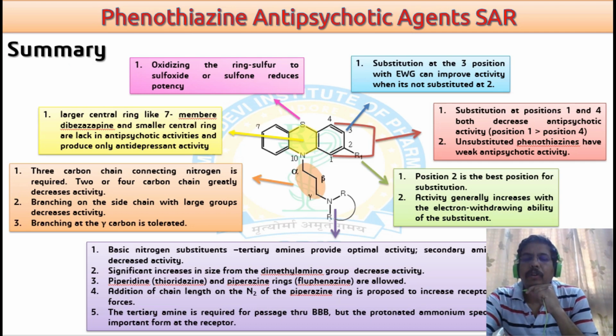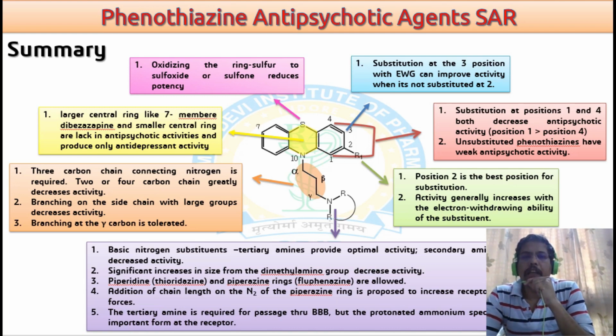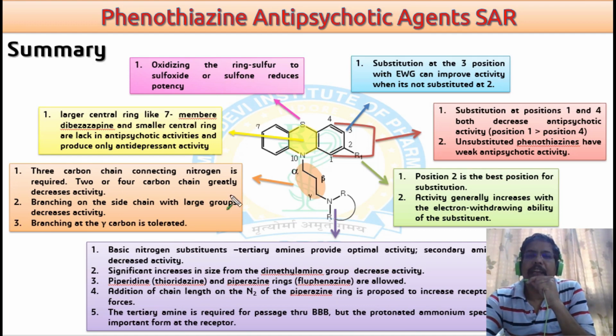So we come to the SAR summary, that is, how the activity is affected by different substitutions. This slide covers all the effects which take place at different locations, like the 3 position, if substituted by an electron withdrawing group, which improves the activity if a substituent is not present on the second position.